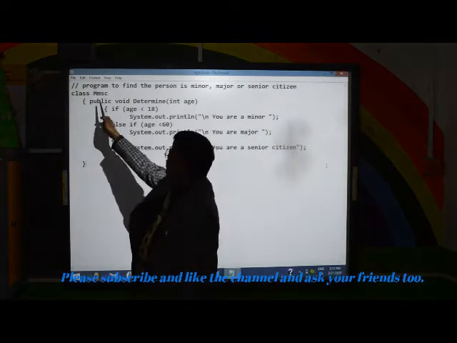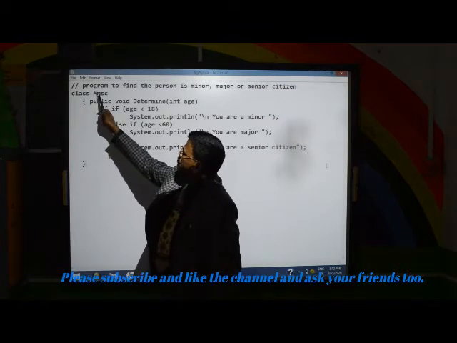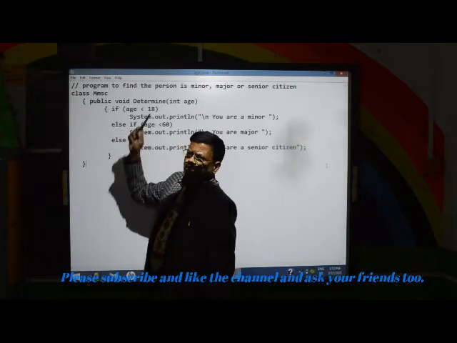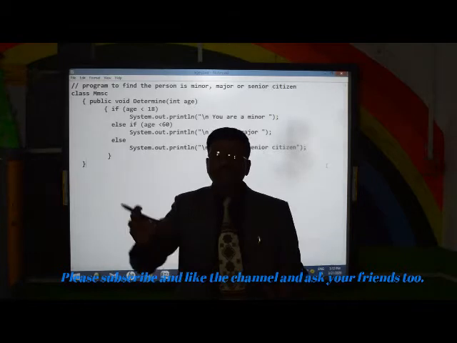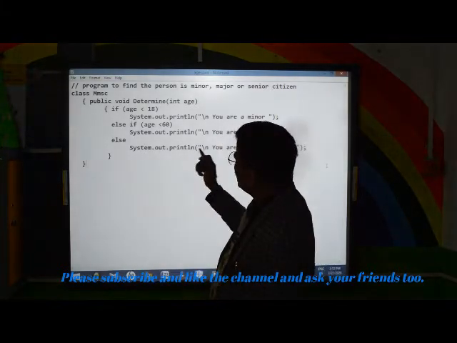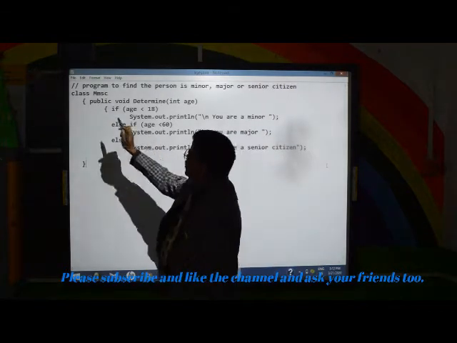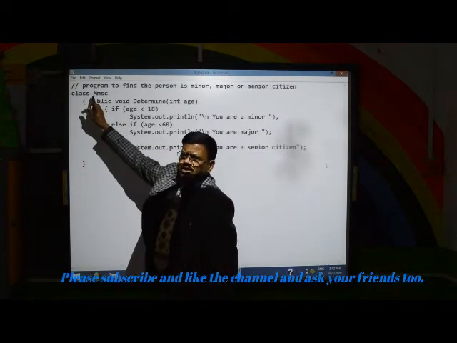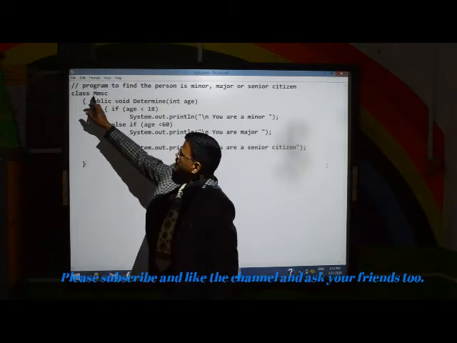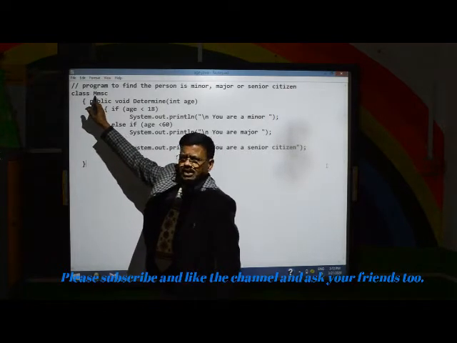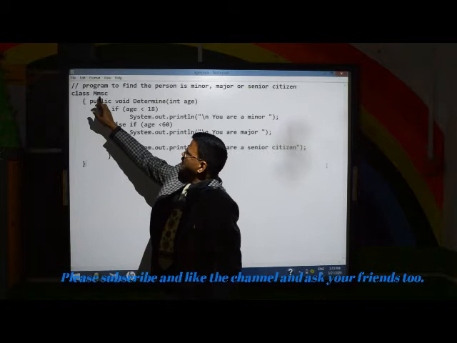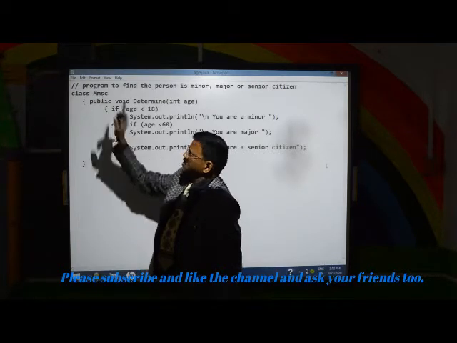Here I have given major, minor, senior citizen, an acronym. It's a general convention that a word must begin with an uppercase, that's the reason I put an uppercase M, major, minor, senior citizen.